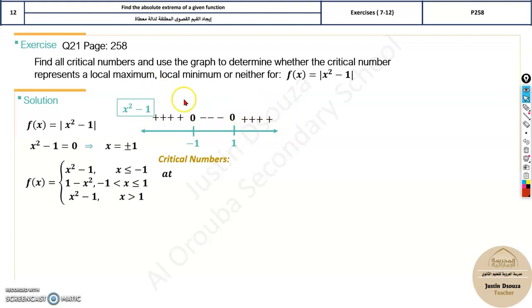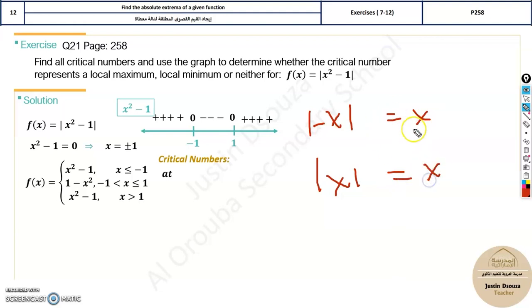Now over here, wherever it is positive, that means we are taking the positive value x squared minus 1 itself. So for all the values of x less than negative 1, we are just taking the positive value. Whereas over here also, greater than 1 is also directly x squared minus 1. But I told you for minus x, even if it is minus x or the absolute value of x, the answer is x itself, isn't it?